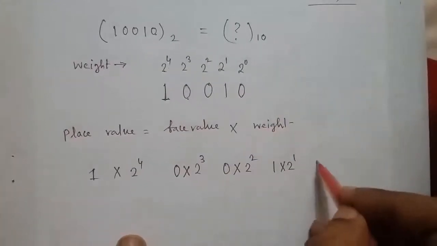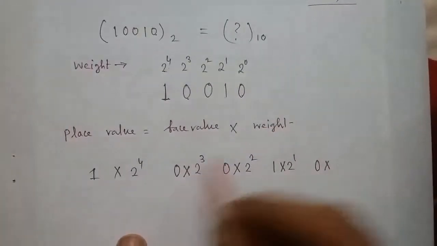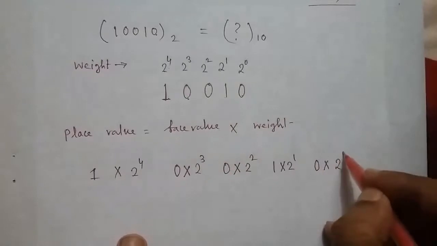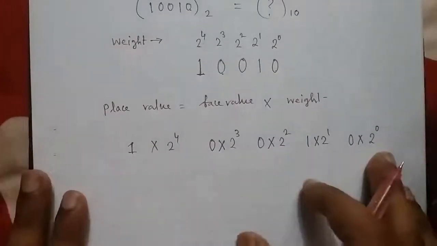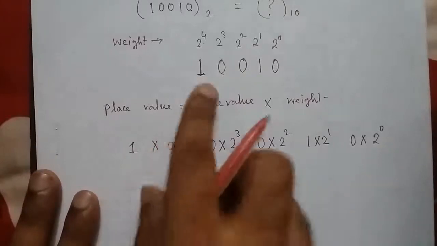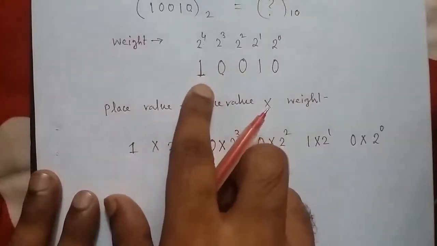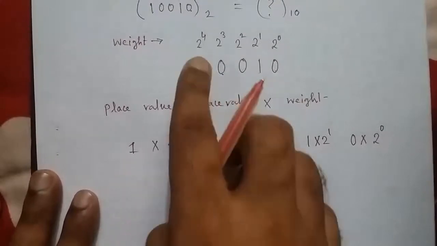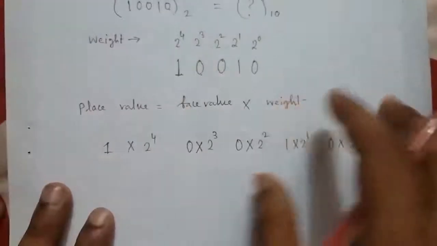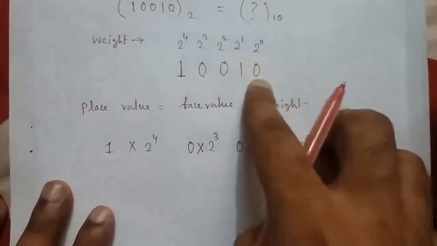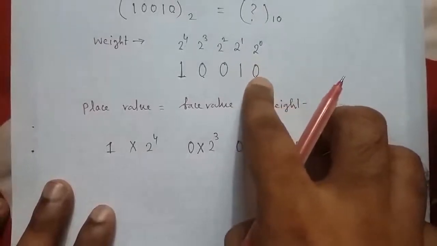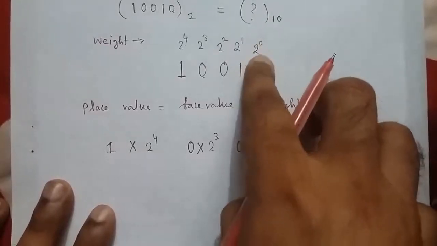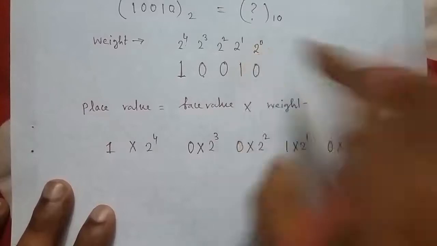Next this one, 0 into 2 to the power 0. As you can see, this is the most significant bit as it carries the highest weight, 2 to the power 4, and this bit is the least significant bit or LSB as it carries the least weight, isn't it?